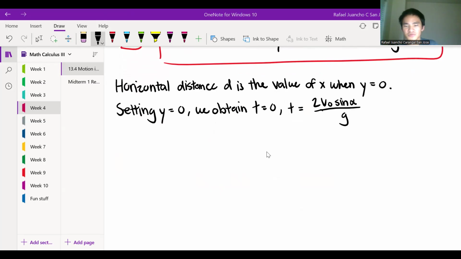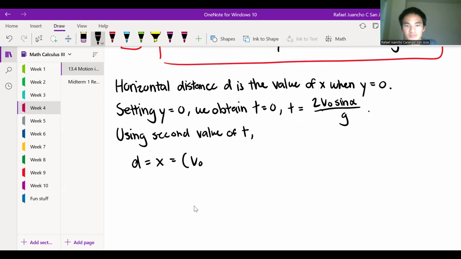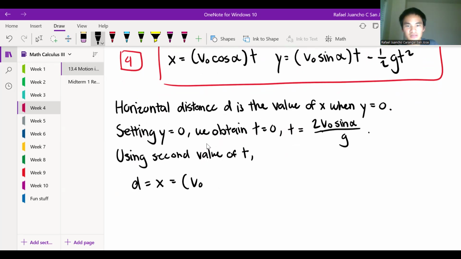Oh yeah. So to make it more general, let's use the second value of t. So using the second value of t, we should get our horizontal distance d, which is just equal to x. So let's use our x here, v naught cosine alpha, right?